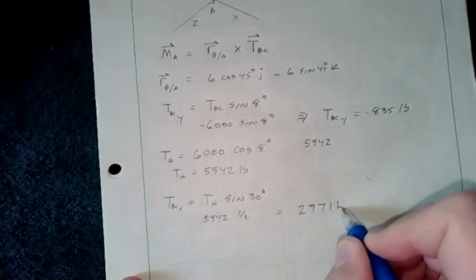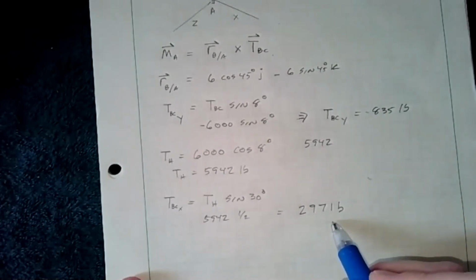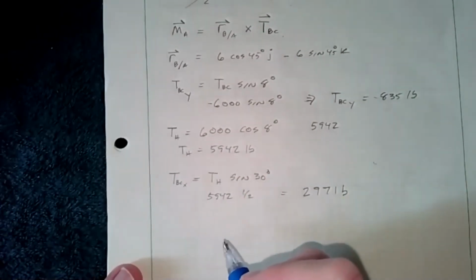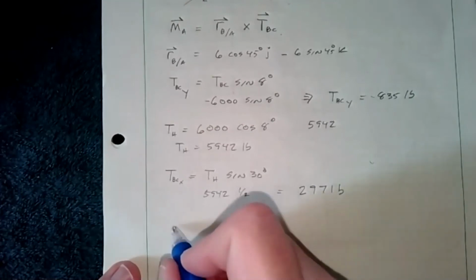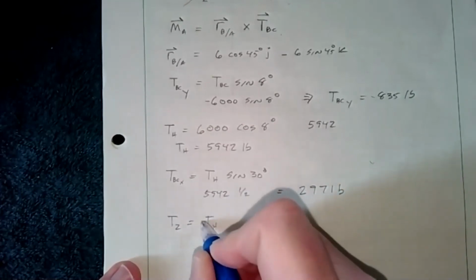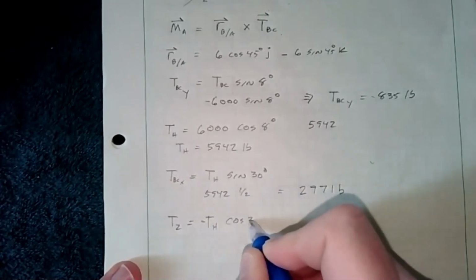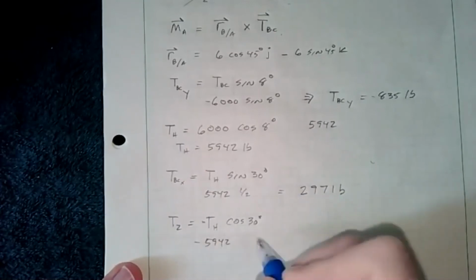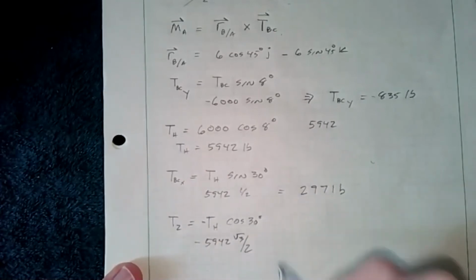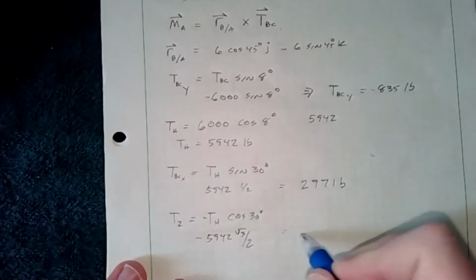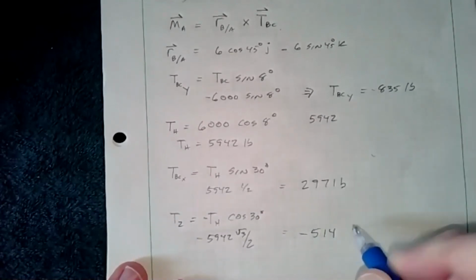Don't do it when you do it. So 2971 pounds. And then when I get to here, I know that TZ is TH, it's negative cosine 30. So I have 5942 negative times square root of 3 over 2, which is cosine. And that gives me a negative 5146.